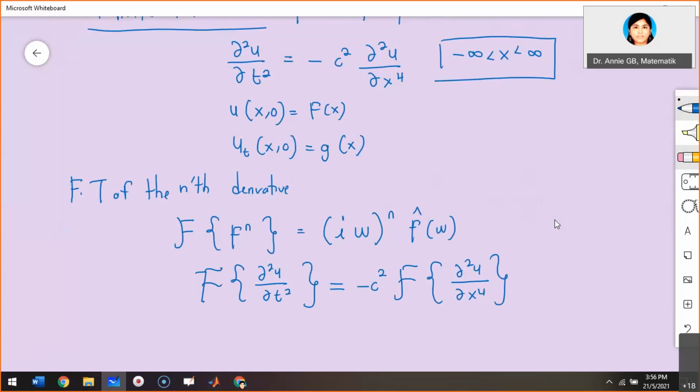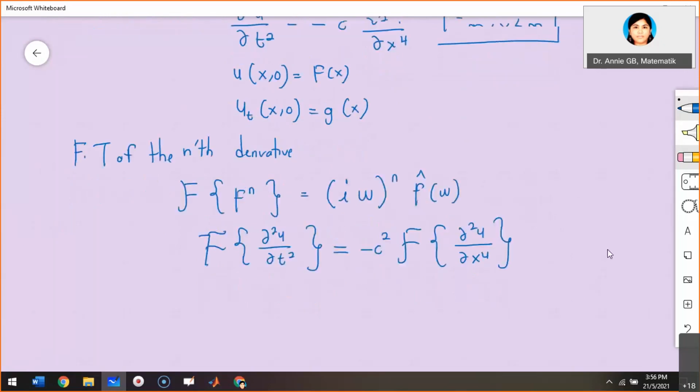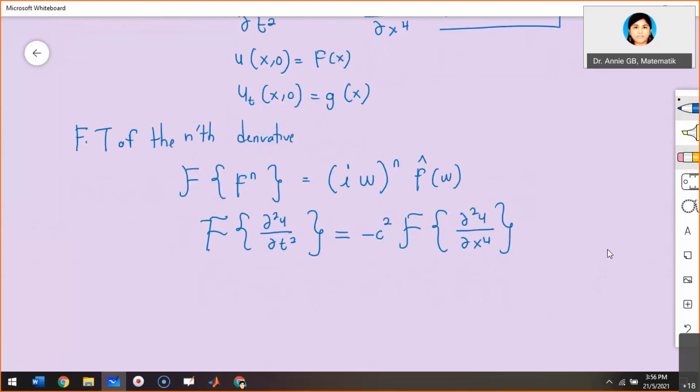Okay, stop me kalau you rasa macam susah. Okay, what is this partial squared u over partial t squared? In a small notation, saya boleh tulis dia macam ni: u_tt equals to negative c squared Fourier transform of u_xxxx. 4 kan derivatif dia. Okay.